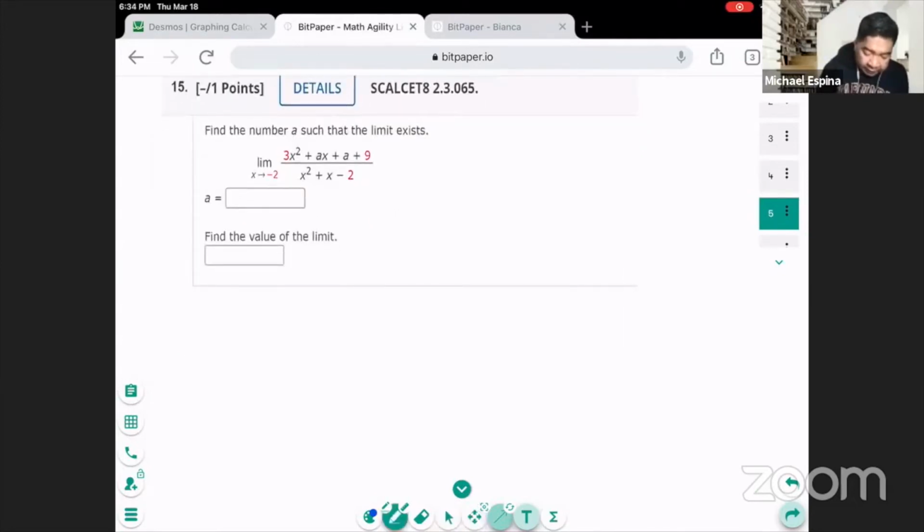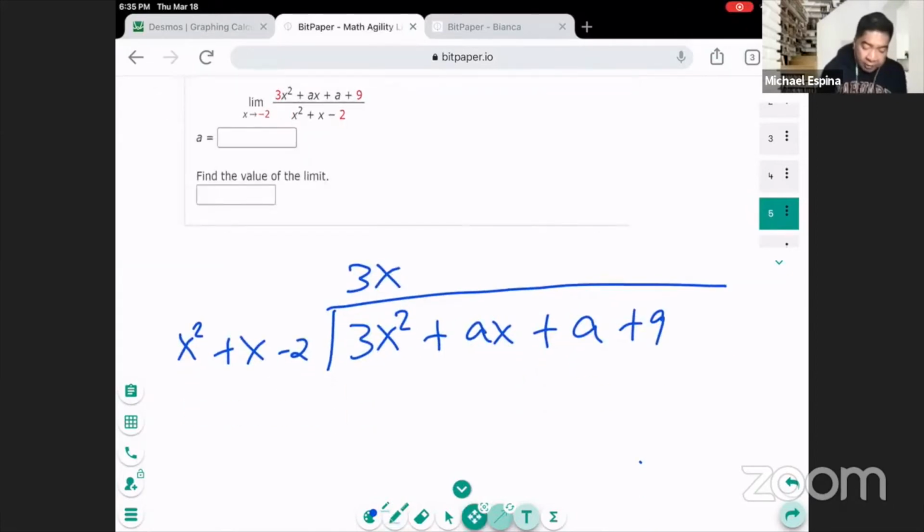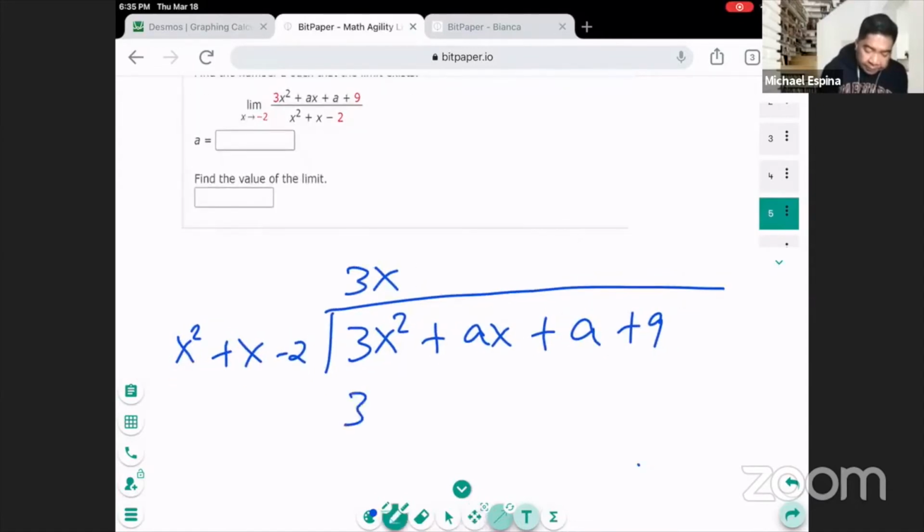Okay, so let's divide 3x squared plus ax plus a plus 9 by x squared plus x minus 2. Let's try first dividing 3x squared by x squared. So we will get 3x, right? 3x times x squared would be 3x squared. And then 3x times x would be, oh sorry, there's no x plus 2 here.